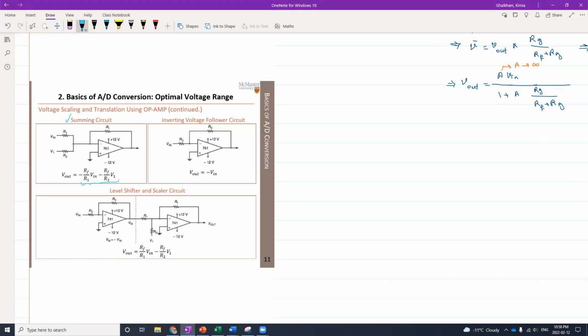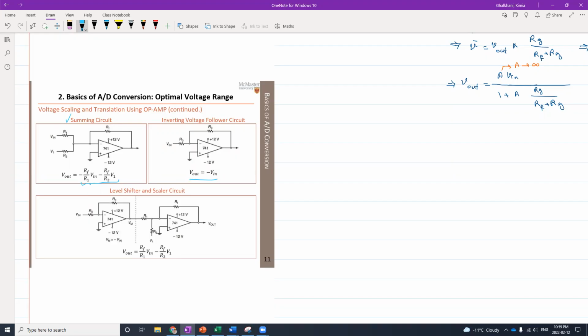Or there is another one in here, which we call the voltage follower, which is known as a buffer amplifier. So this is also a unity gain amplifier. In this op-amp circuit, the output voltage is equal to the input voltage, right? The output is equal to the input.